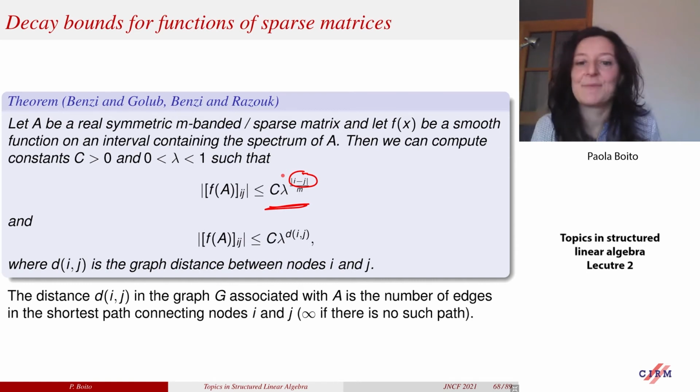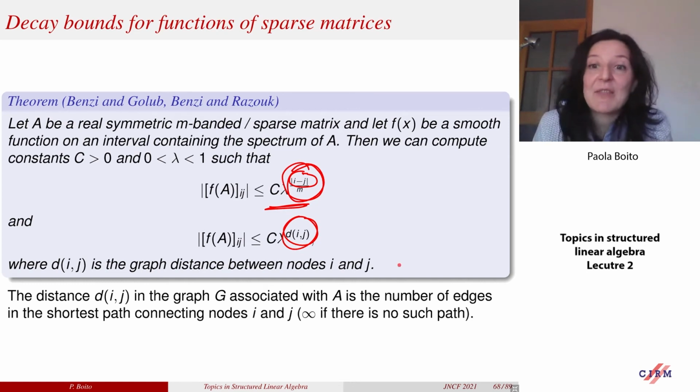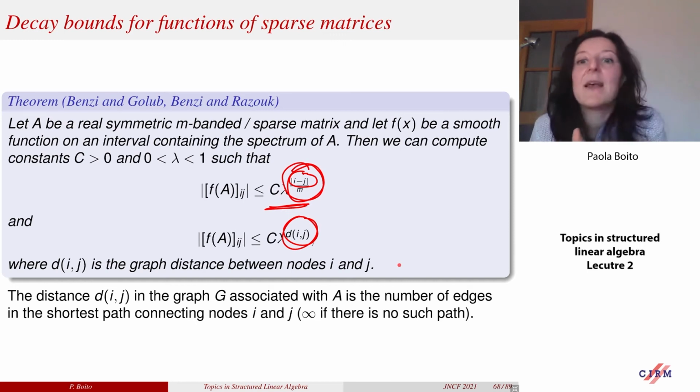More generally, if we have a sparsity pattern that's not necessarily banded, what we can do is replace this exponent with a graph distance. So to our matrix, we can associate a graph. The number of nodes in the graph is the same as the size of the matrix, and there's an edge between two nodes if and only if the corresponding entry ij of the matrix is non-zero, after labeling. So this is the inverse process with respect to the definition of the adjacency matrix.